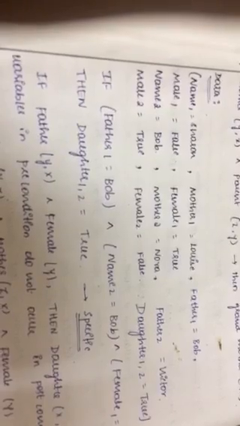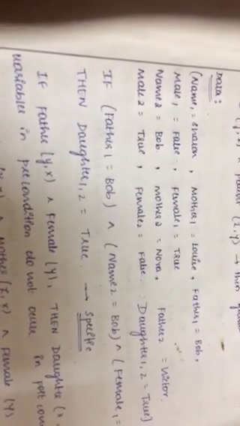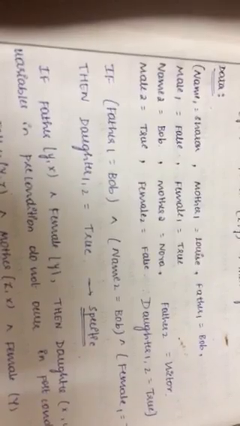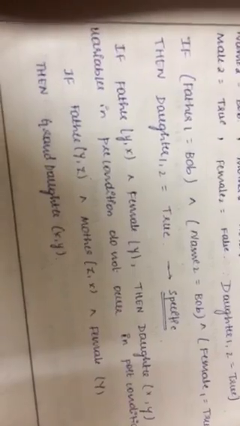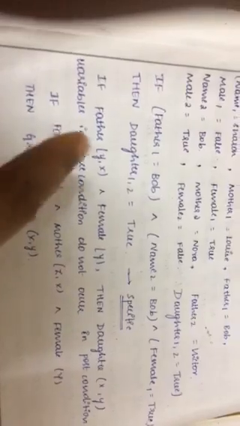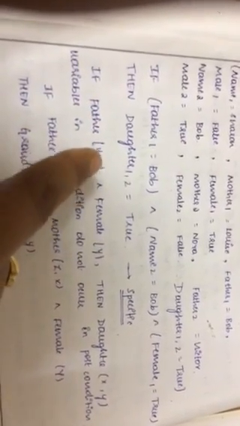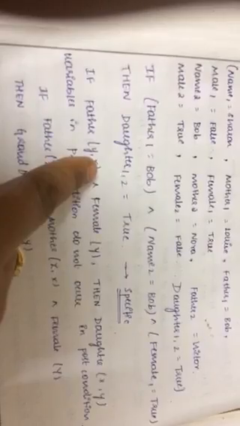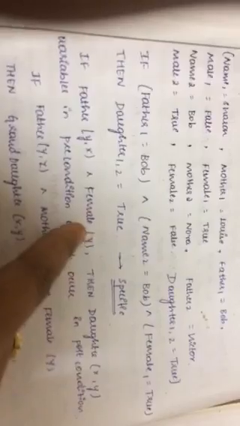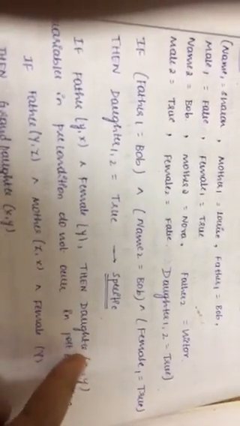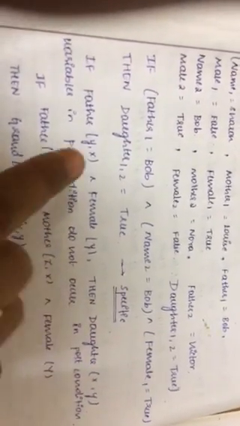Now this rule is so specific that it is not useful for general purpose or a general relation. In such a case, we are going to make it a general rule or a general representation like this. That is, if father of y comma x, meaning x is the father of y, and y is a female, then y is the daughter of x. Is this correct?